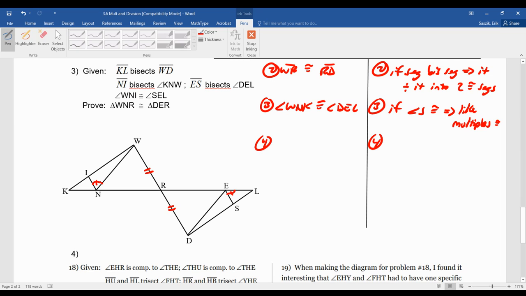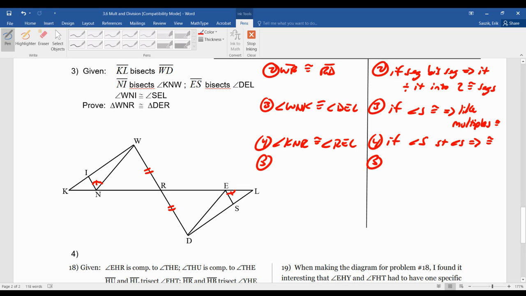And you see the whole purpose of getting that congruent to that is now I can get this angle in here congruent to that angle here. Now I'm going to do it a little bit differently. Instead of doing the supp comp route, watch this. I'm going to say that angle KNR is congruent to angle REL, because if angles are straight angles, then they are congruent.